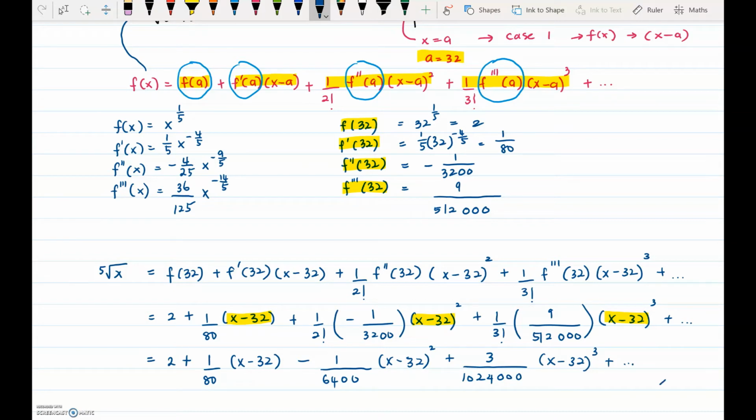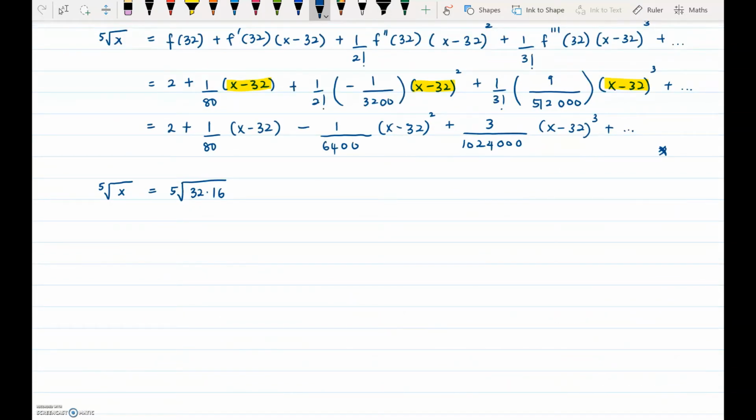So this is your series for x to the power of 1 over 5. Next we want to estimate the value of the fifth root of 32.16, so we have to compare with your f(x).